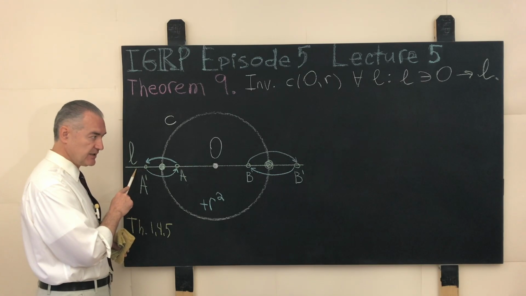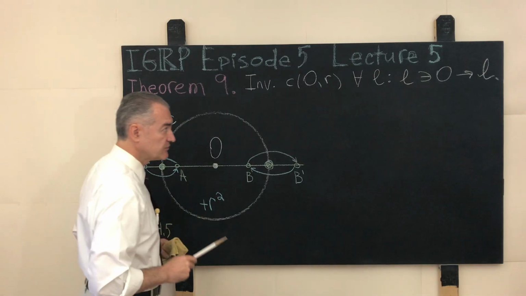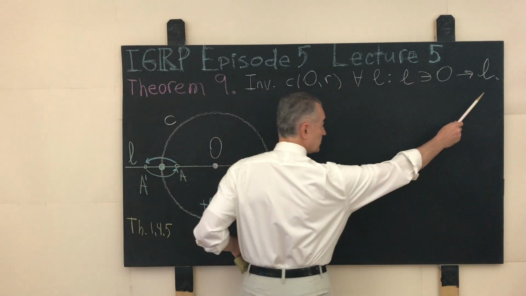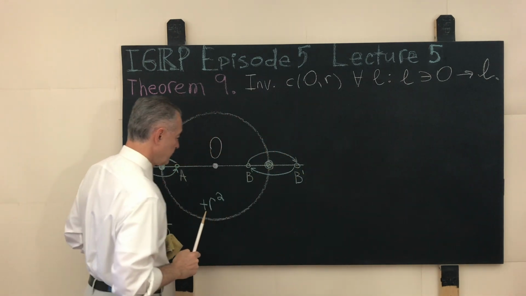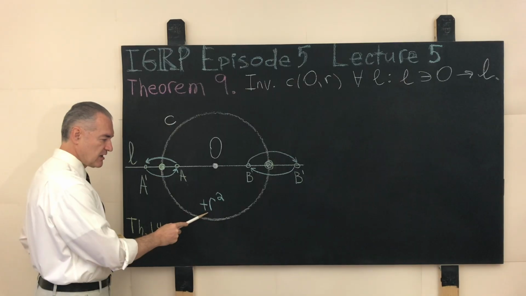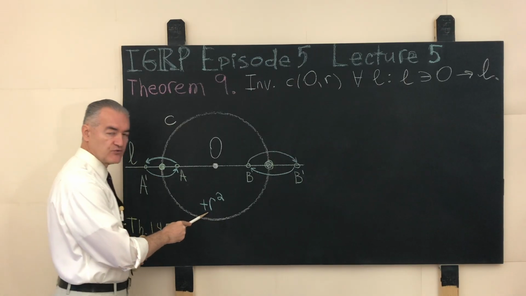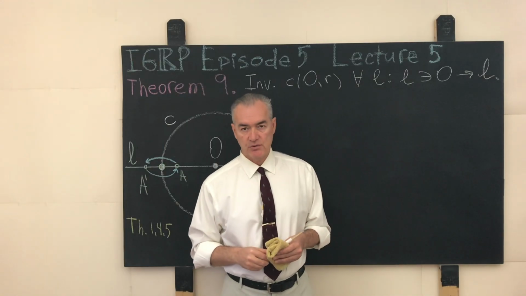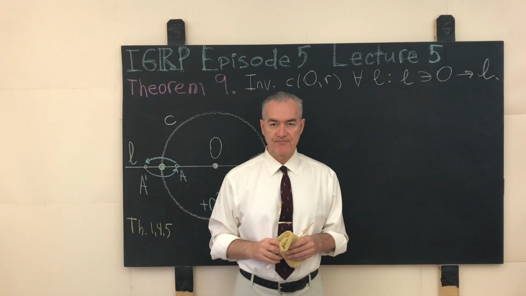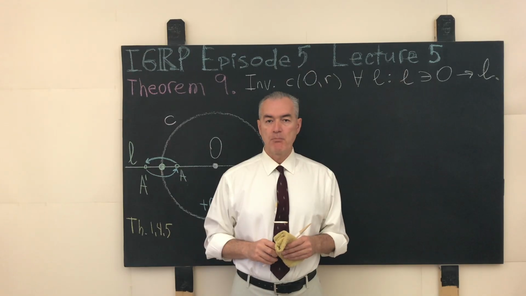It is still taken back into itself, as we claim in the statement of this theorem, and that covers the case when the power of inversion is positive. And in the next segment, we will look at what happens to such a straight line when the power of inversion is negative.